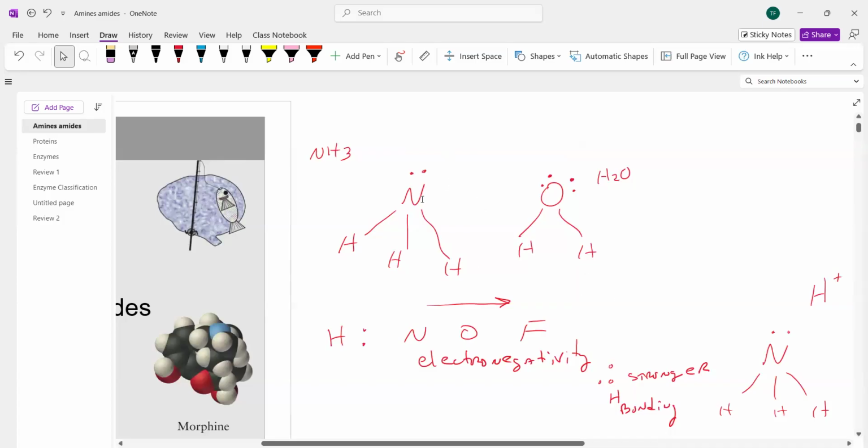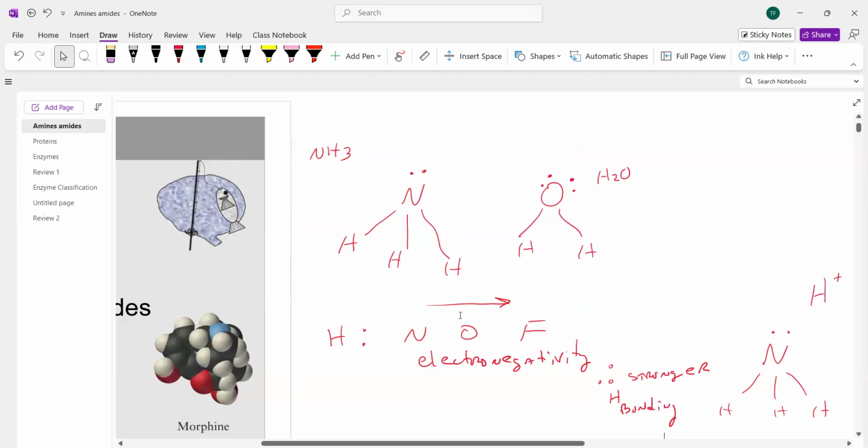But anyway, in some ways the nitrogen compounds have a lot of intermolecular forces because they form hydrogen bonds. But they aren't as strong as the hydrogen bonds in oxygen.